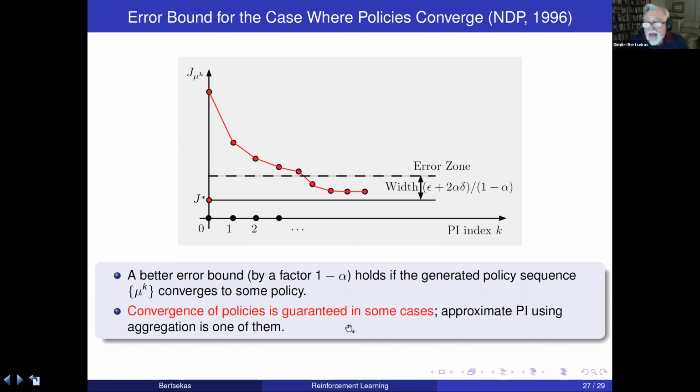On the other hand, there are some methods where convergence of policies is guaranteed, and one of them is using aggregation. I mentioned aggregation several times. I promise I'll say something more before the course is over. But as a preview, if you use aggregation for policy evaluation, then you get this better bound and this better behavior.